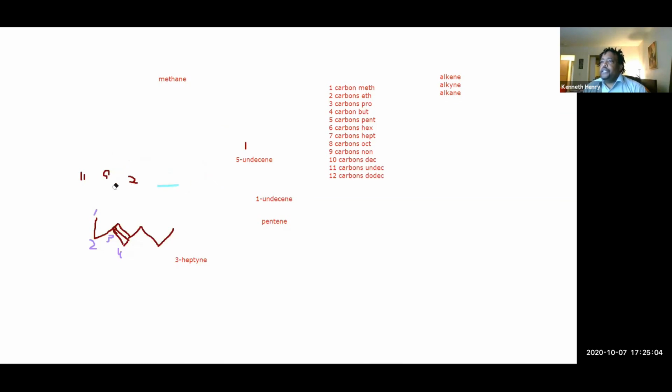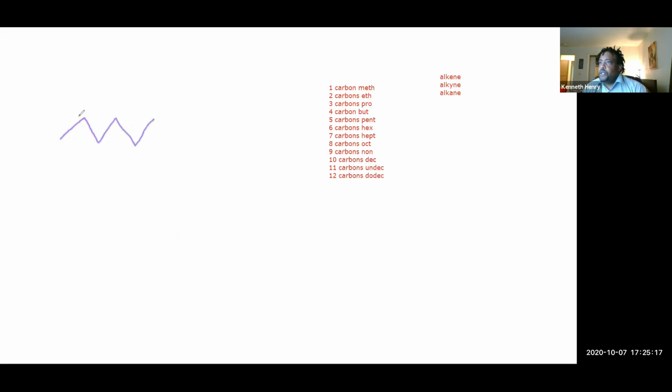Okay, so now let me introduce you to some other things. If we have something like this, this is called a branch structure. The way branch structures work is you want to identify the longest carbon chain that you can get.